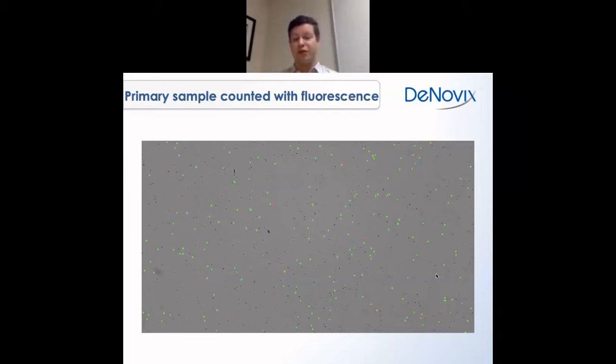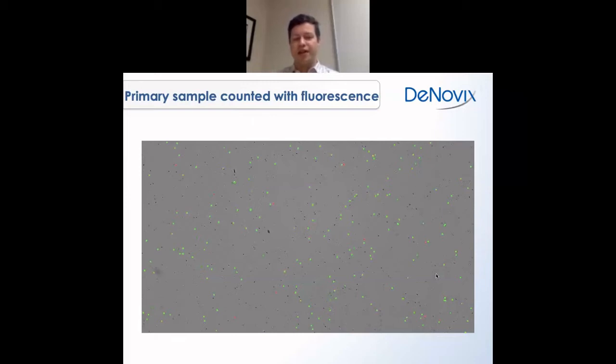There's a few red cells as well, but then also behind that, you can see all kinds of other things. A bunch of dark spots, those are probably cells. A lot of other things back there, who knows what that is. But they're definitely not live or dead nucleated cells.